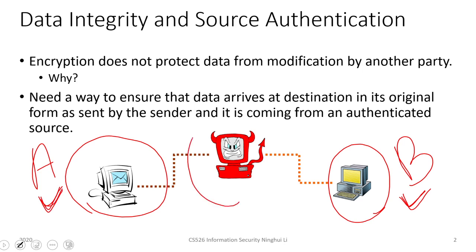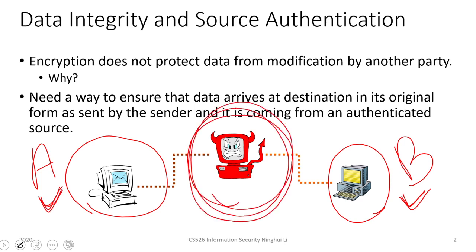There were no additional changes happening in the middle. So making sure the source of the message is known, in terms of integrity, means that the data has not been modified by someone else, and we also want to know who the sender is, or authenticate the sender.